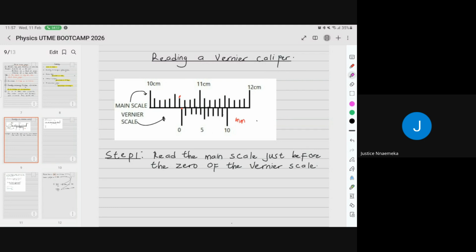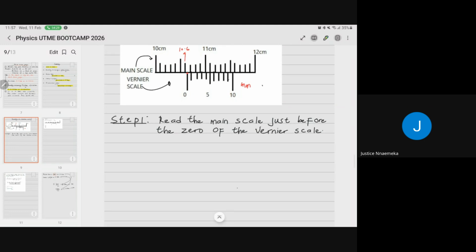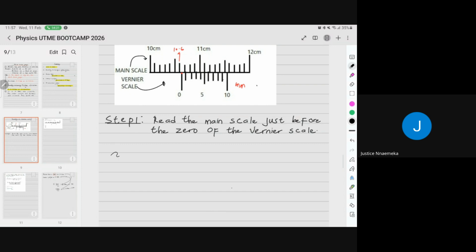All right, let's proceed. So the value here is what? 10.6. You can see that the value here is the one before the zero here. So here is 10.6. I've read step one. So now the main scale is equal to 10.6 centimeter.